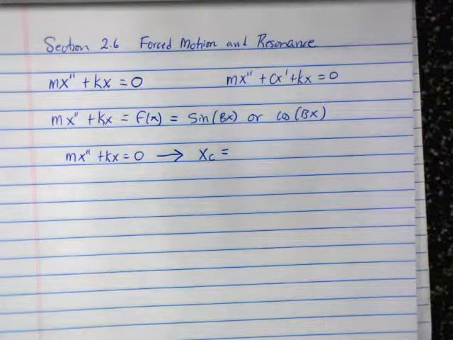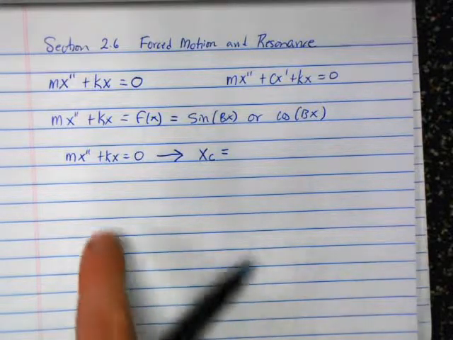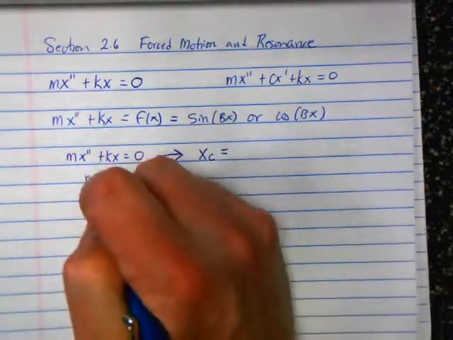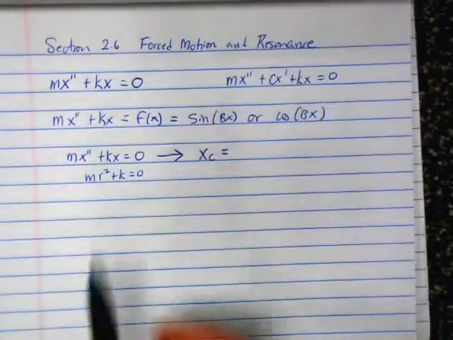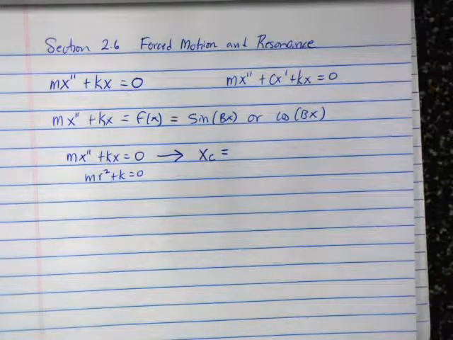You don't have to tell me the whole answer, just what did it look like? What kind of function did it have? Not quadratic. You have mr squared plus k equals 0, where m and k are both positive numbers.